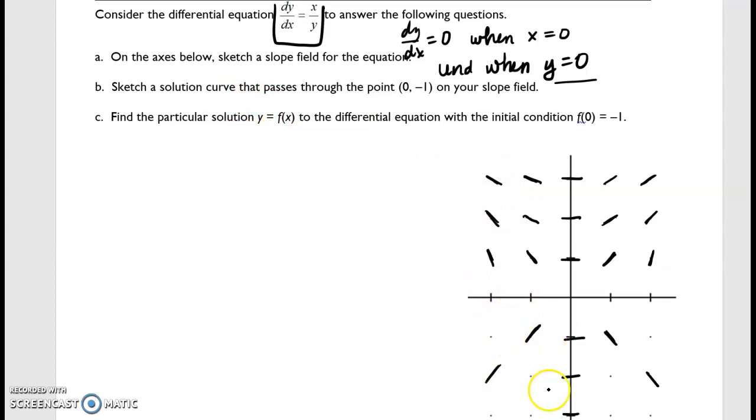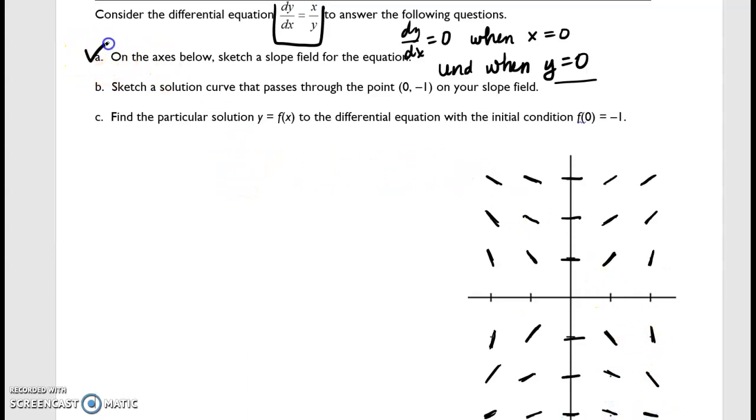I know I'm going to have positive slopes in this quadrant because x and y would have the same sign, so they'll cancel out. So if I go -2, -1, that's going to be a slope of +2, so more steep than before. And then it gets less steep as you go. Again, this does not have to be perfect. They're just looking for some comparisons. So we can use symmetry over here to help us.